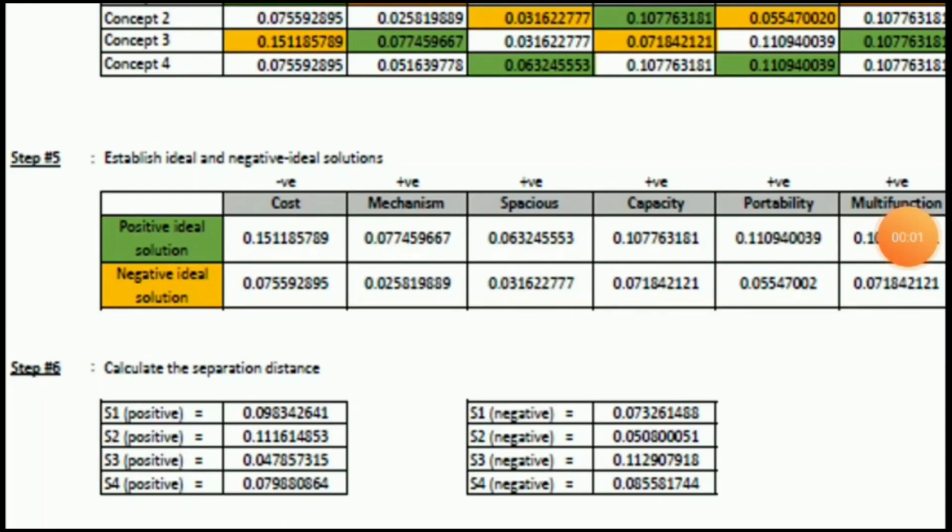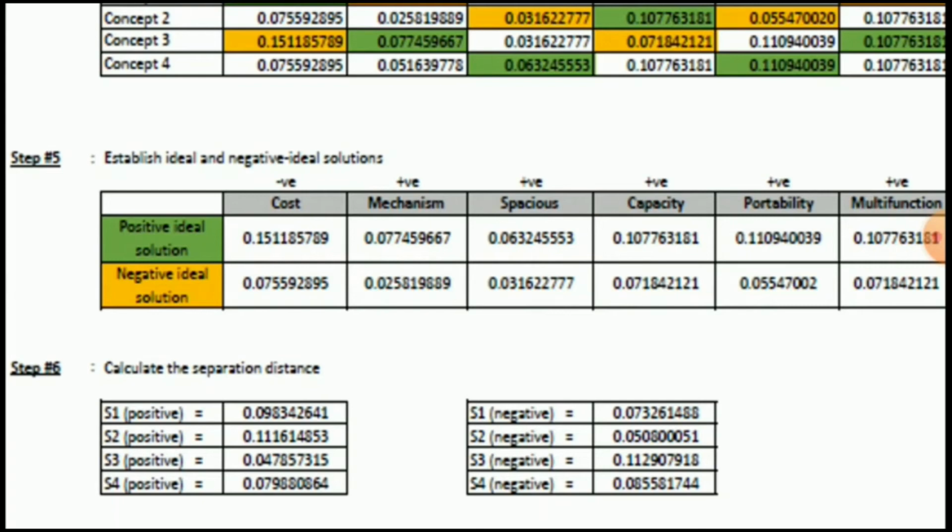Moving on to step number 5, establish the positive ideal and negative ideal solutions. For the mechanism, spacious, capacity, portability, and multifunction, we have to bear in mind that the highest value represents the positive ideal solution, and the lowest value represents the negative ideal solution. However, for the cost attribute, it works the other way around. The highest number represents the negative, and the lowest number represents the positive value.